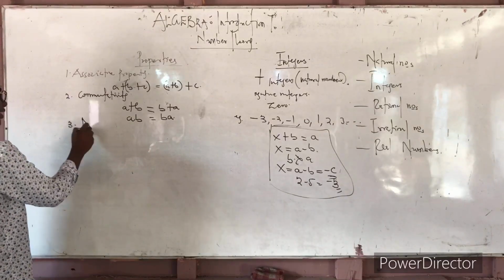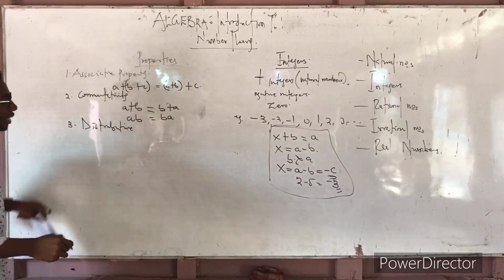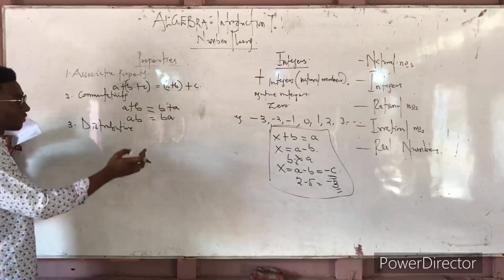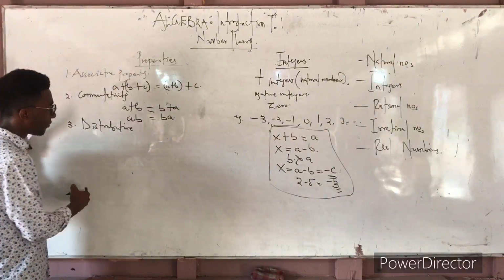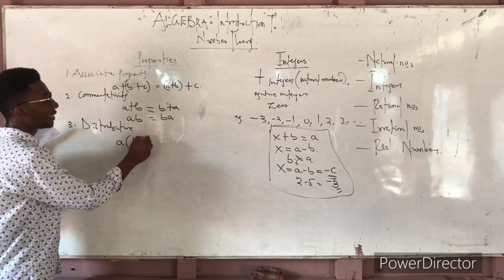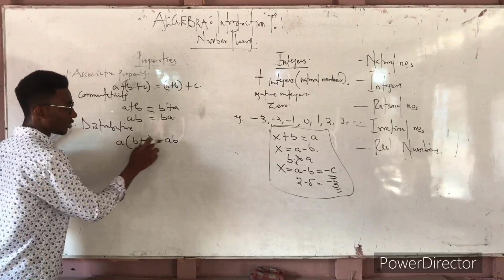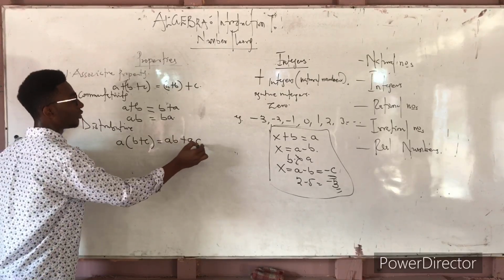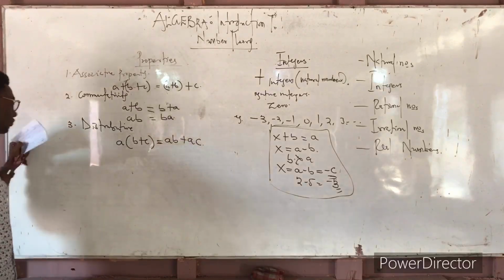Thirdly, is distributive. Distributive in the sense that we are combining both the addition and the multiplication in its equation. So we can have a multiplying b plus c, and it's the same as a multiplying b plus a multiplying c. This is the distributive property.